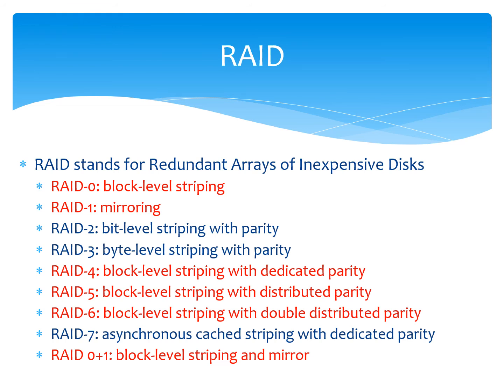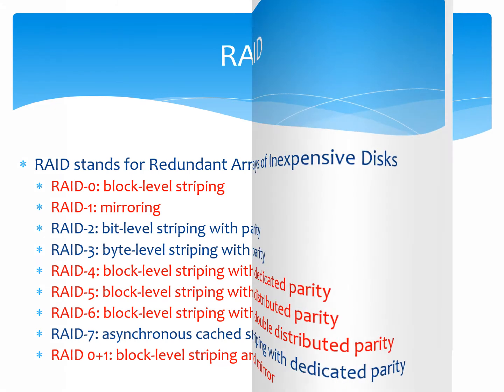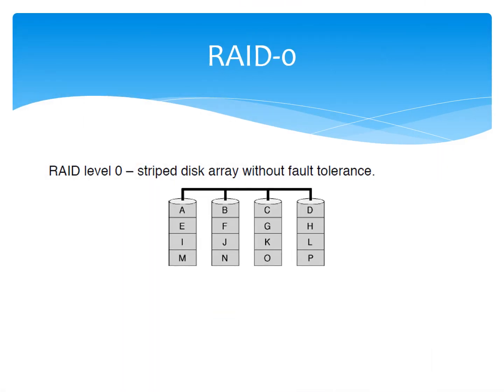There are various ways of RAID configuration. We will only talk about the most commonly used RAID configurations as highlighted in red. RAID 0 refers to block-level striping, which combines all disks as one big disk without fault tolerance.